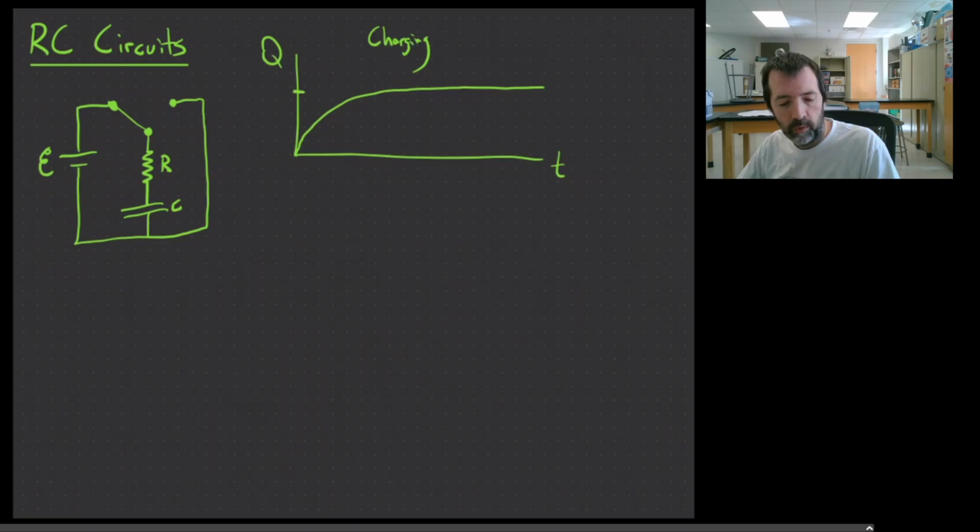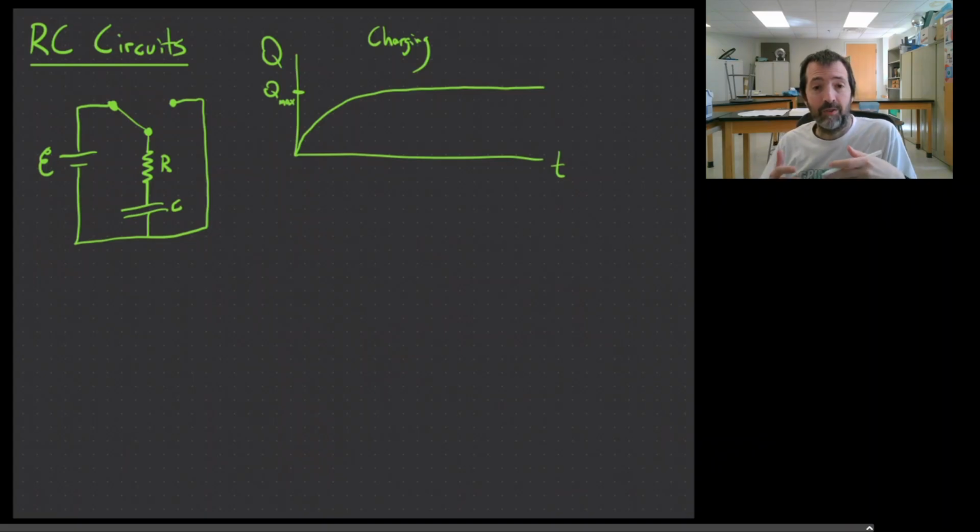So it's moving up towards some maximum value, asymptotes to that maximum value. The initial rate of change is pretty strong. That's because when the capacitor is empty, it's easy to put a few extra charges on the plates.